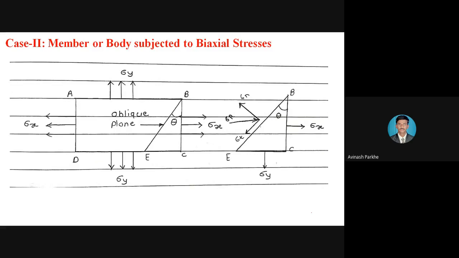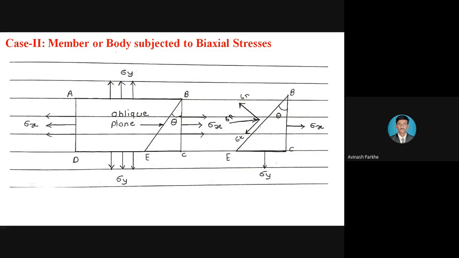If you read the statement, it is: member or body subjected to biaxial stresses. Biaxial means the force or the stress is applied in two axes. If the force or stress is applied on the body in two directions, that condition is called biaxial forces or biaxial stresses.